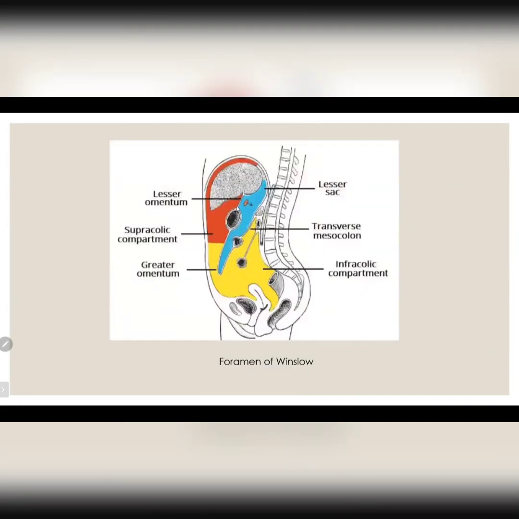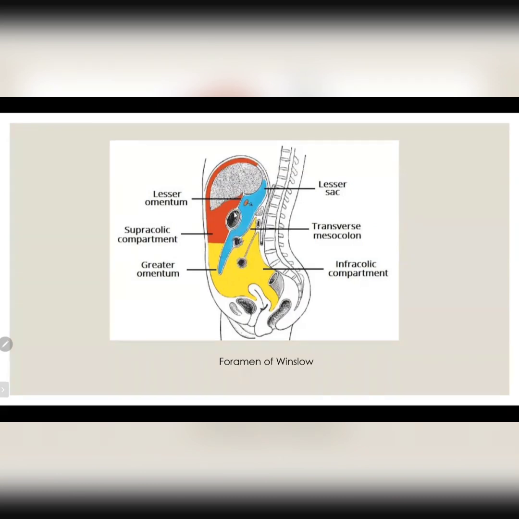This is a sagittal section of the abdominopelvic cavity, which will show you the different tracings of the peritoneum. When you take a section, this hollow organ is the stomach and the large intestine, and here is the small intestine. This is the transverse colon. These are the loops of small intestine.